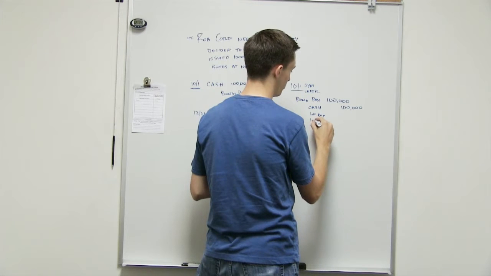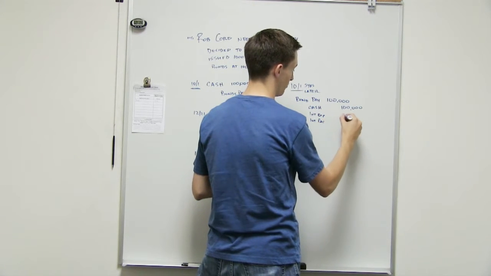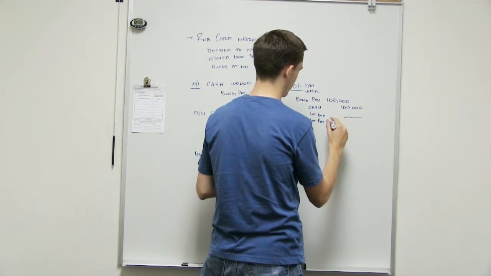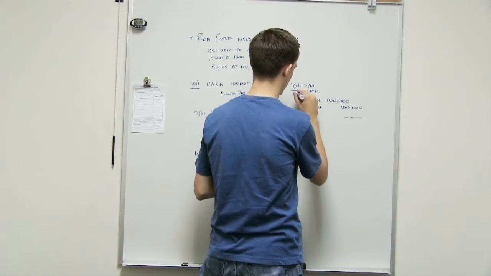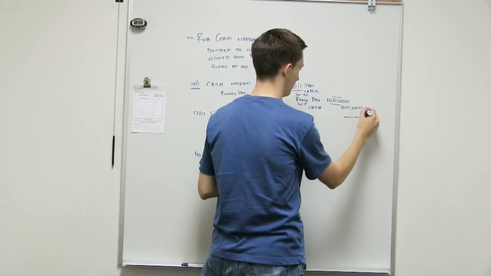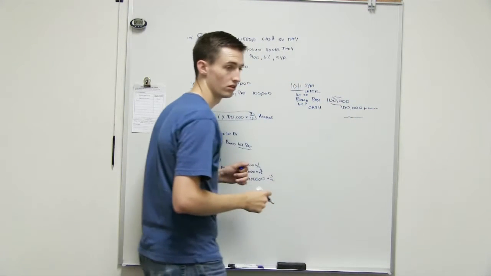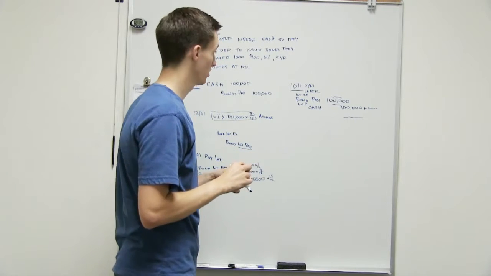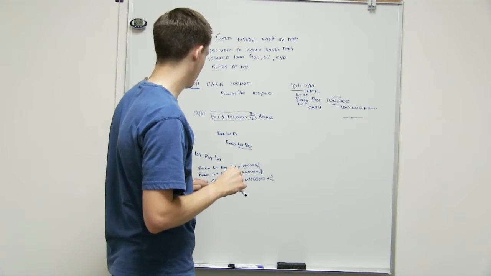Maybe there's an interest payable, if we accrued it somewhere. We just add those amounts in here, and then add that amount to cash.